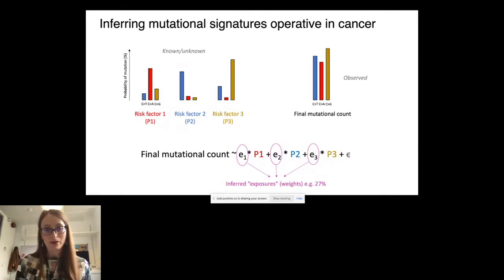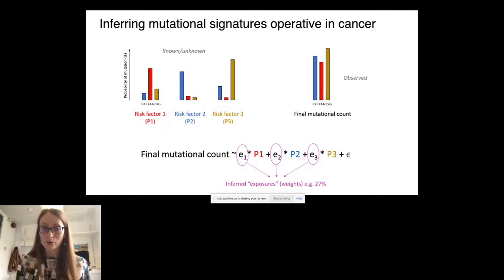And we're really interested in this because this will tell us that a particular risk factor was very important for developing this disease, and others less so. And maybe other risk factors are not present at all. So then we know that that disease was not caused by that specific mutational process. So in its simplest form, this is very easy to solve because it's just a regression problem, of course.